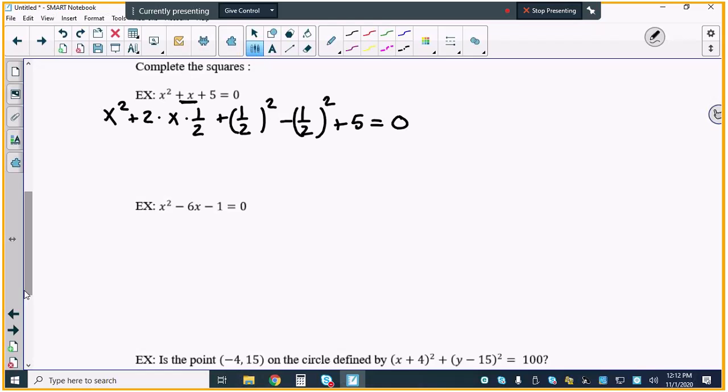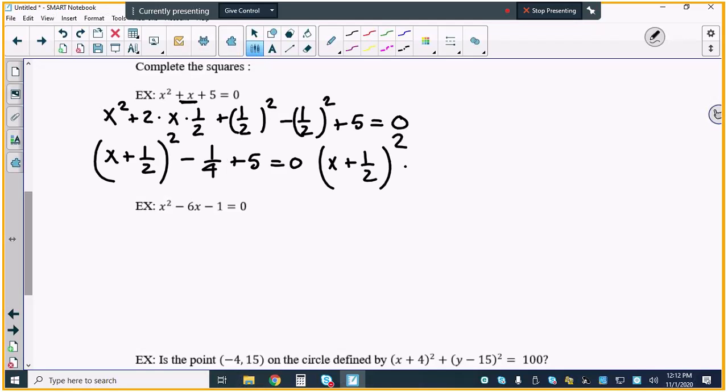So now look at the first 3 terms, that is x plus 1/2, the whole quantity squared, minus 1/4 plus 5 equal to 0. And at this point, you can write it as x plus 1/2 to the power 2. 5 minus 1 over 4 is 19 over 4, and I can take it to the other side as negative 19 over 4, and that will be completing the square.